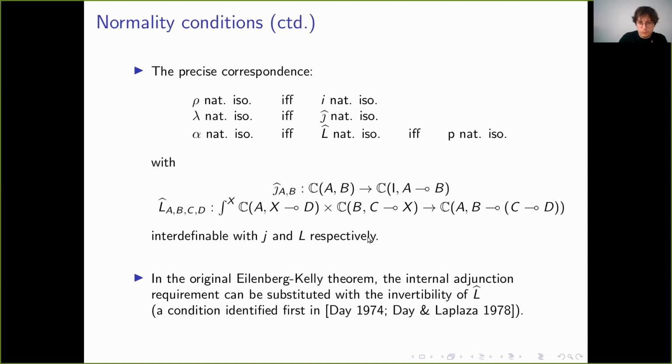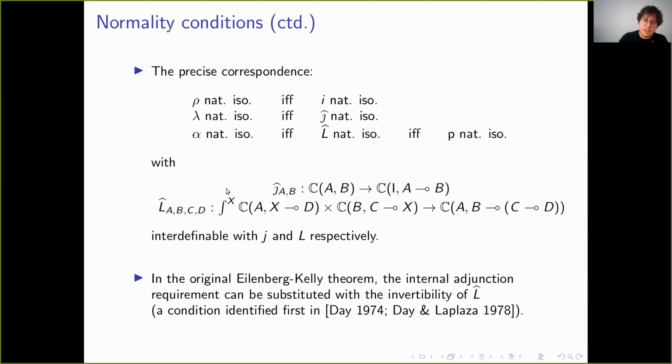Maybe I can give some intuition on what it means to be invertible, for example, for the inverse of L hat. What does the inverse of L hat do? It takes a morphism from A into B lolly C lolly D, and it returns an element of this coend. So it's an object X and two morphisms here.